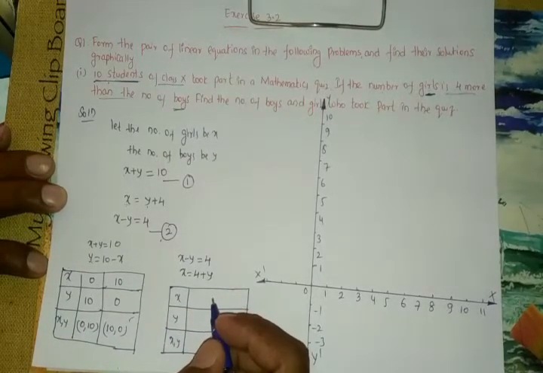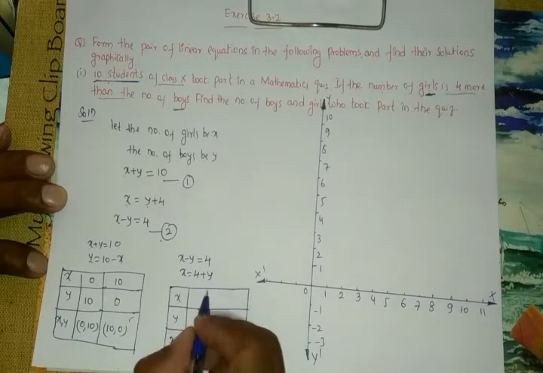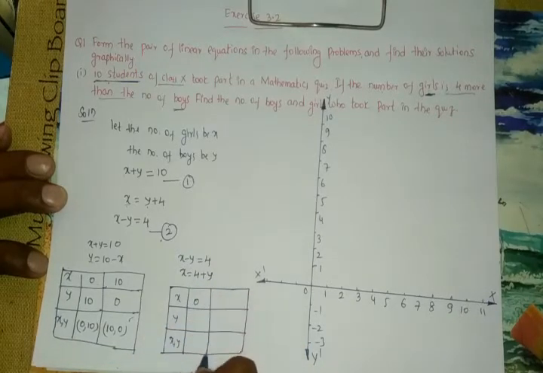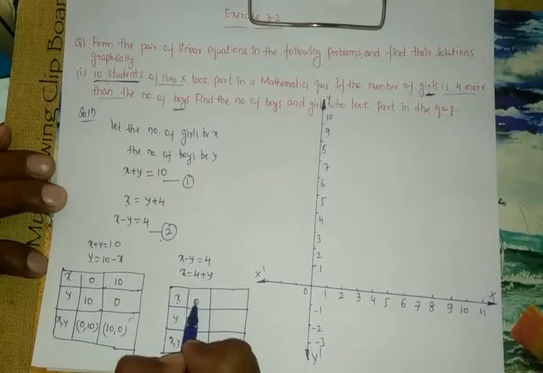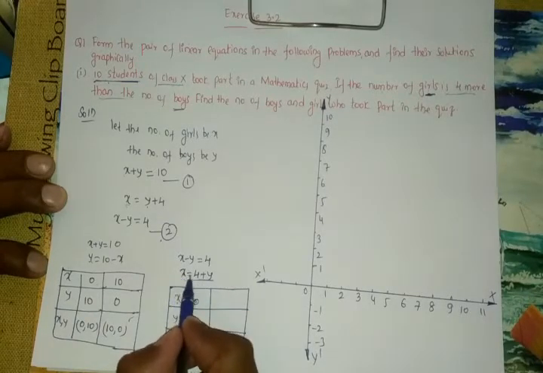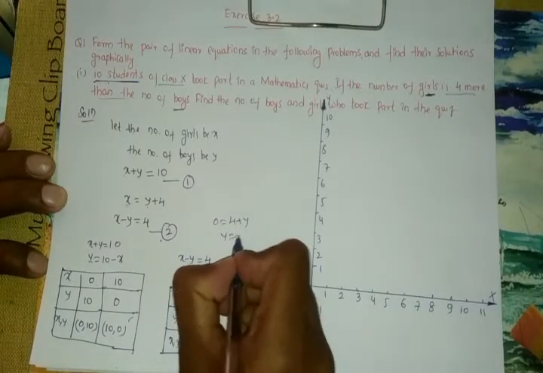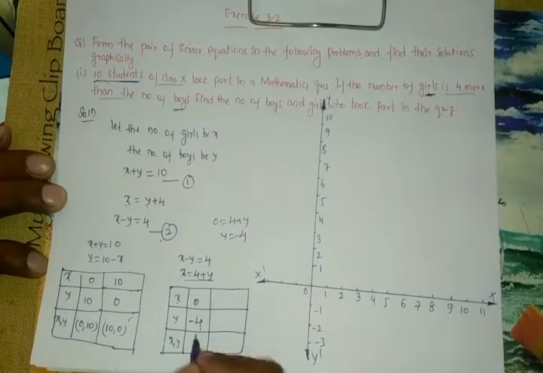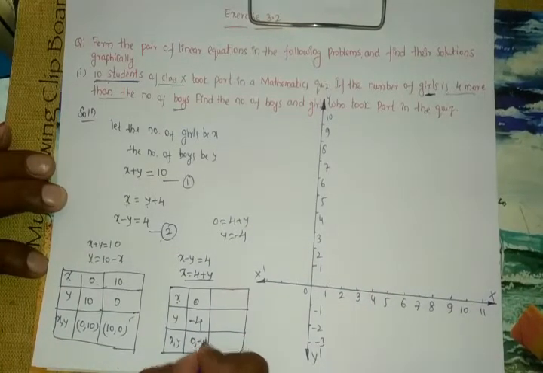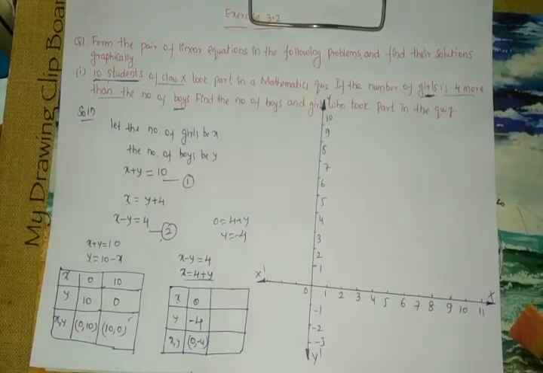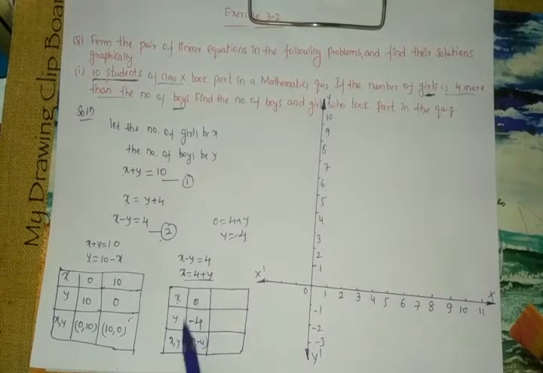Now I will put the value of x as 0. When I put the value of x as 0, 0 equals 4 plus y, or y equals minus 4. So x comma y is 0 comma minus 4. You can select any random values.